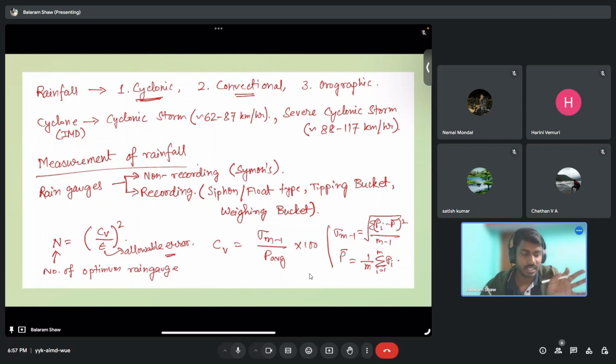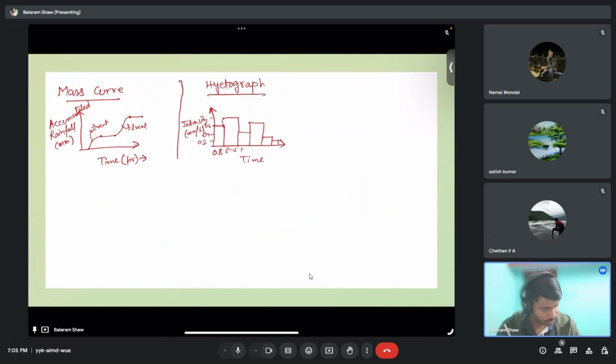In the next 8 hours it is something like this. So the first one is 0 to 8 hours, second one is 8 to 16 hours, 16 to 24 hours, and so on. So this is the bar chart representing rainfall intensity versus time.